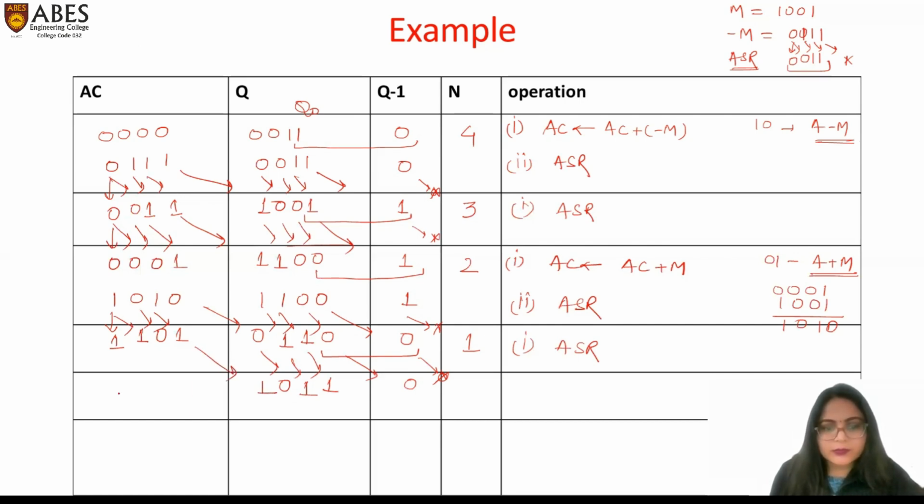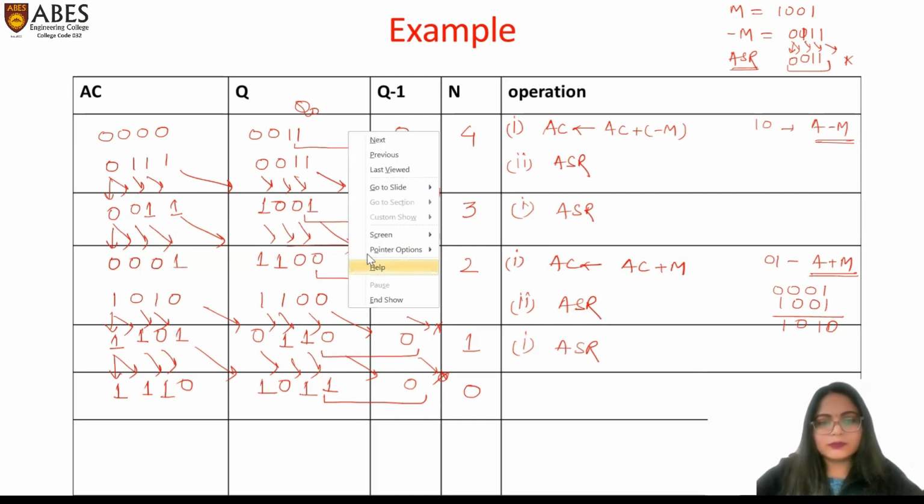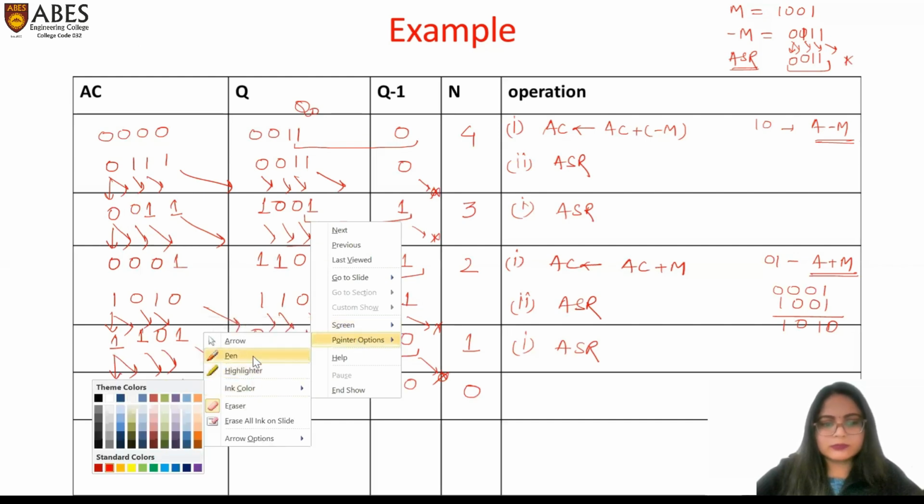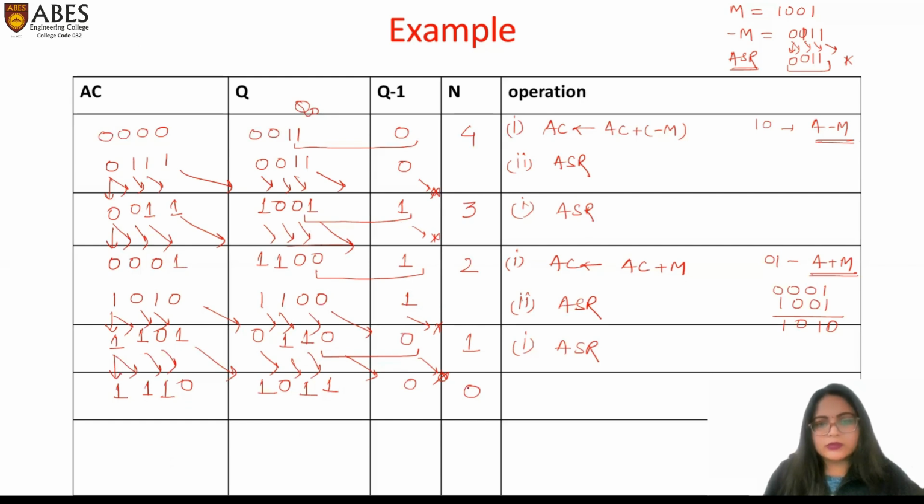This will become the part of Q now. 0, 1, 1. This 1 will be copied here. Clear? Now the value of n will be updated as 0.